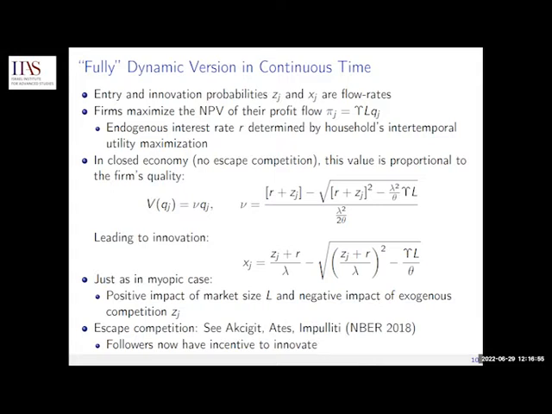I have a single firm that is moving up and up and up these quality ladders. That's what's happening. You can now add escape competition. Ufuk has worked on versions of this. There is no longer a closed form solution for the value function, but you can add it back in the dynamic version.